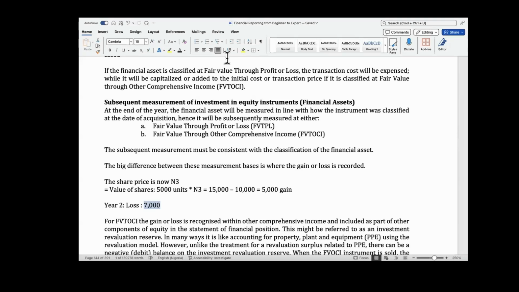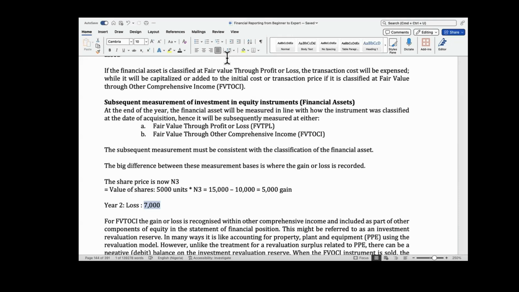It's in year 16 that I taught you that when you have a previous revaluation surplus and you now have a loss in the next year, that loss will need to net off that surplus in OCI first, and any excess can then go to P&L. So I appreciate that you were able to recall that, which is what I was expecting from you. At least one person mentioned it.